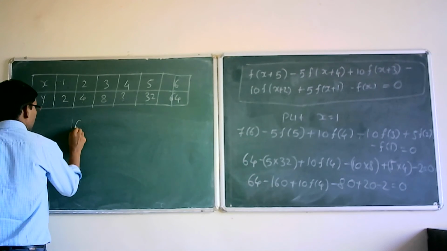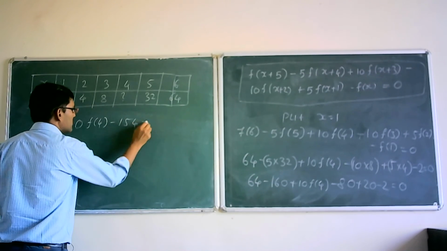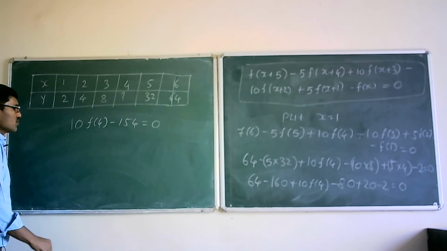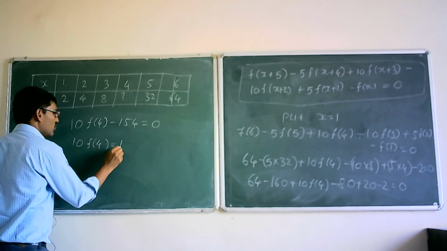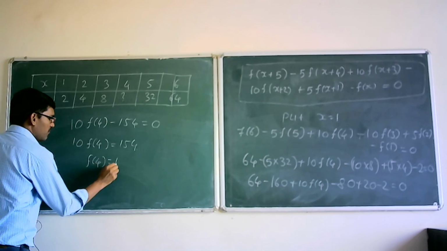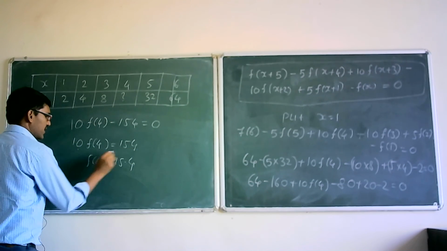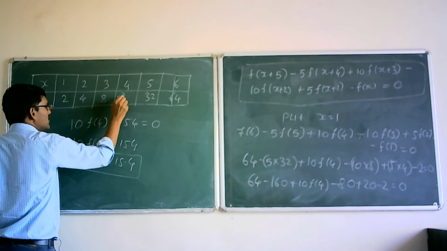So 10 f of 4 minus 154 is equal to 0. So 10 f of 4 is equal to 154. If you divide by 10 to that side, f of 4 is 15.4.